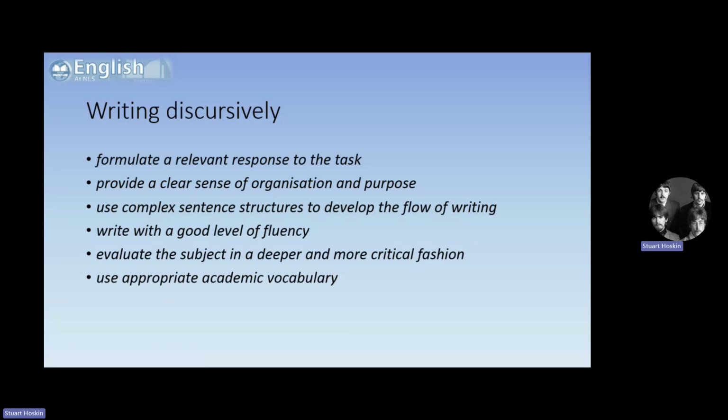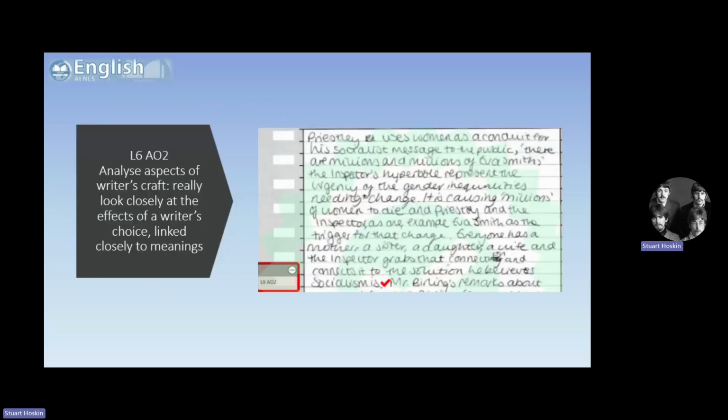Right. Now, before I go any further into that, what I want to do is just give you a sense of what we mean by writing a level 6 discursively on the individual assessment objectives. Give you a few examples for these. Obviously I can't do AO1 tasks because that's the whole response, but just some examples that have gained the levels that we're looking at before.